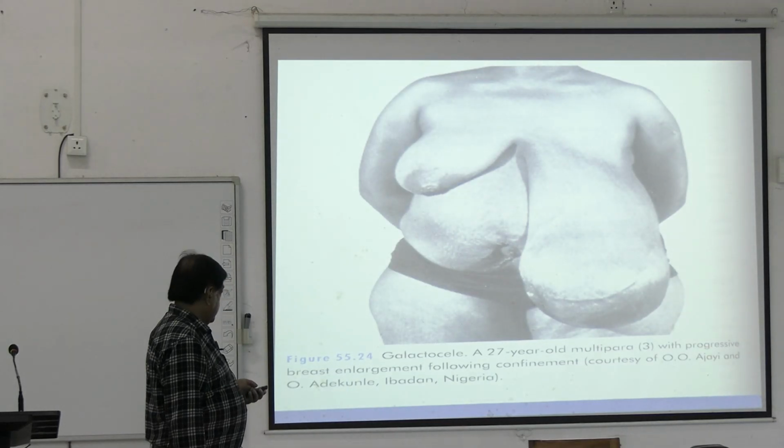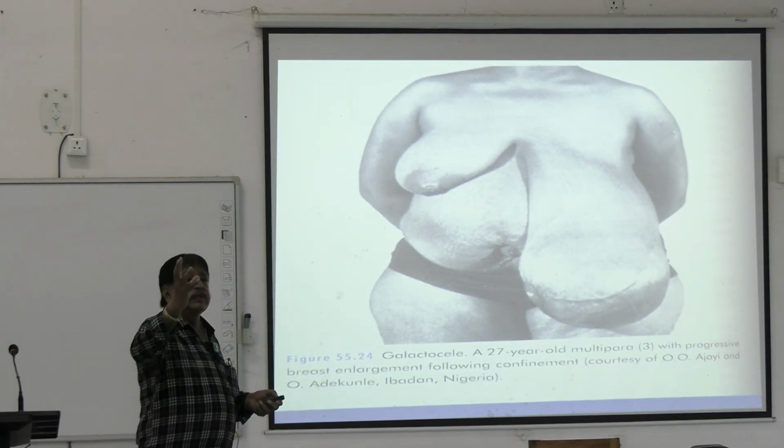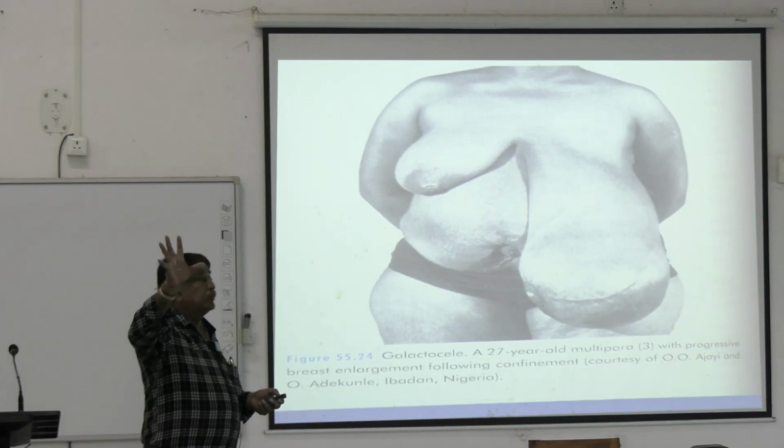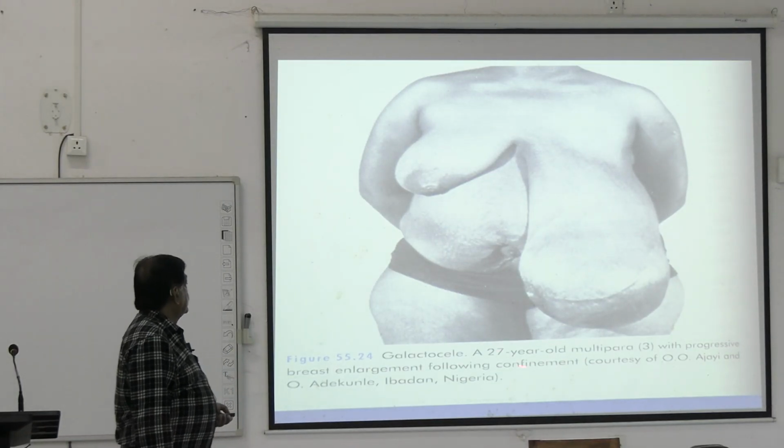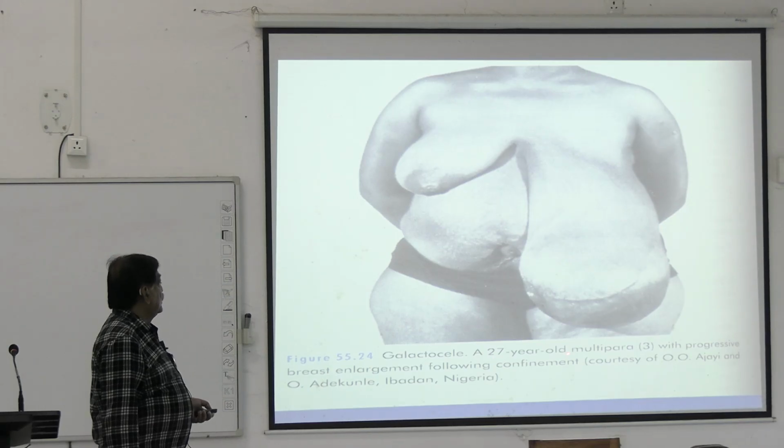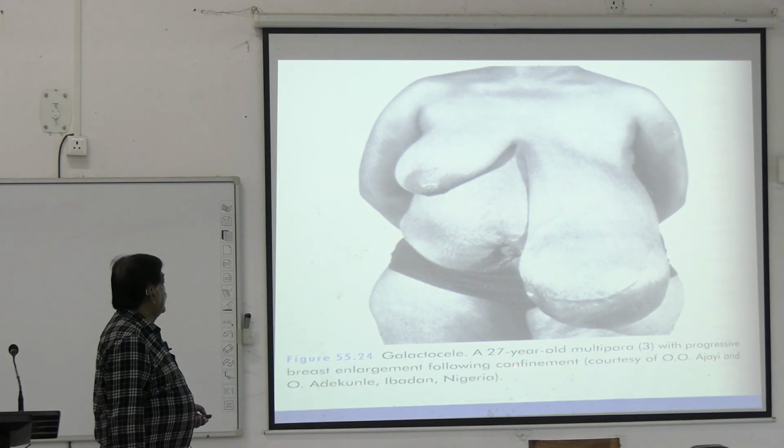Now galactocele. See, a galactocele can be this much, a cricket ball, and you see the huge galactocele. A 27-year-old multipara with progressive breast enlargement following confinement.